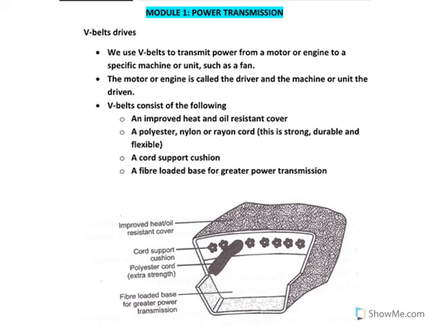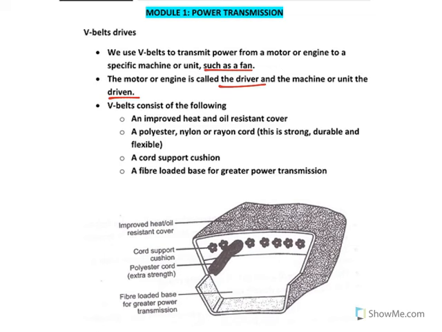Now, where do we use V-belts? We use V-belts to transmit power from a motor or engine to a specific machine or unit such as a fan. The motor or engine is called the driver and the machine or unit is called the driven. So whenever you see a fan rotating, it means there is a motor.